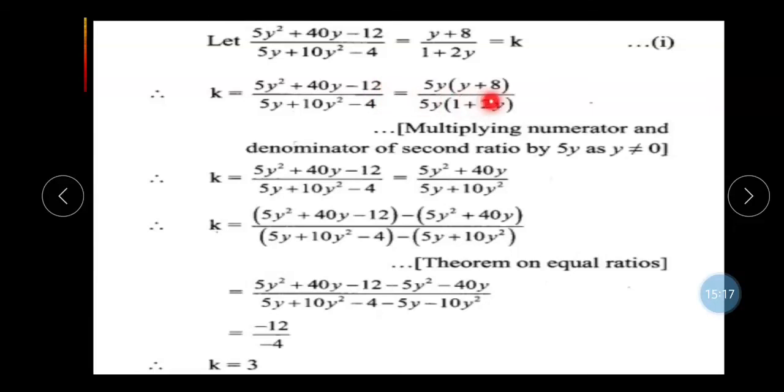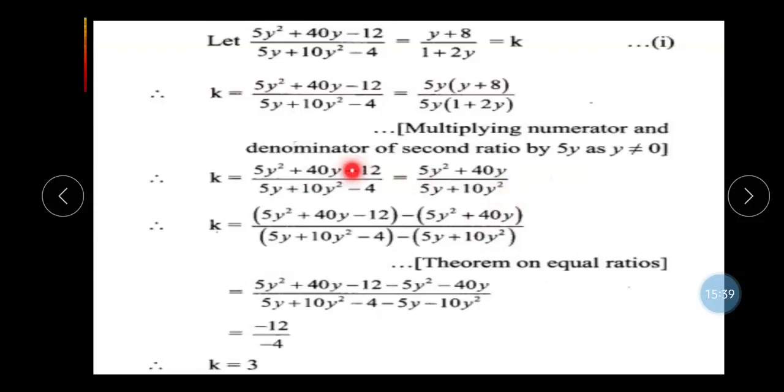Solving this, the left side will be as it is. There is no calculation over here. 5y into y we will get 5y square. 5y into positive 8 we will get plus 40y. 5y into 1 we will get 5y. 5y into positive 2y we will get 10y square.